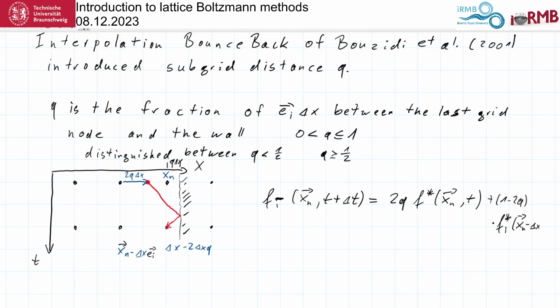If we are in more than one dimension, the i delta x is also the vector, of course, so what direction we are coming from.